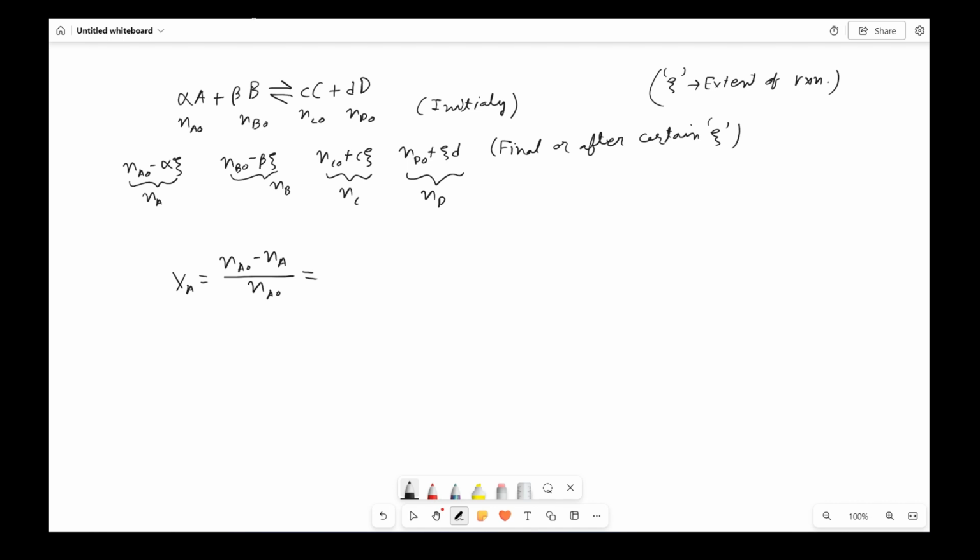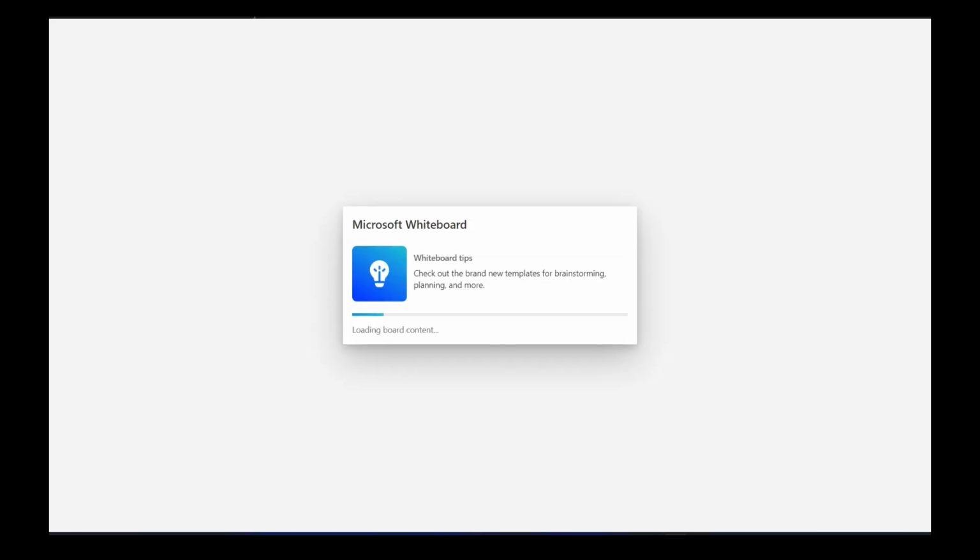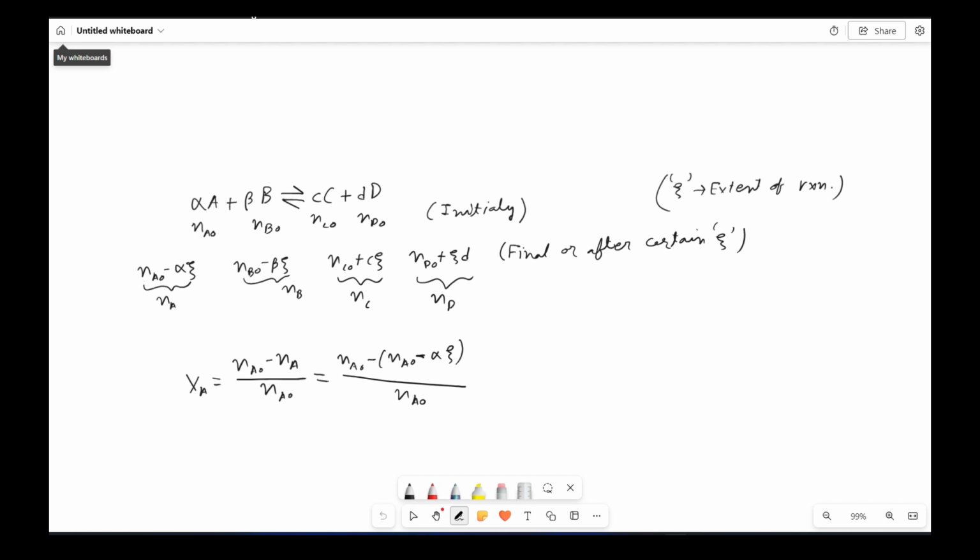But we will write it like this: Na naught minus (Na naught minus alpha epsilon) divided by Na naught, which equals alpha epsilon divided by Na naught.